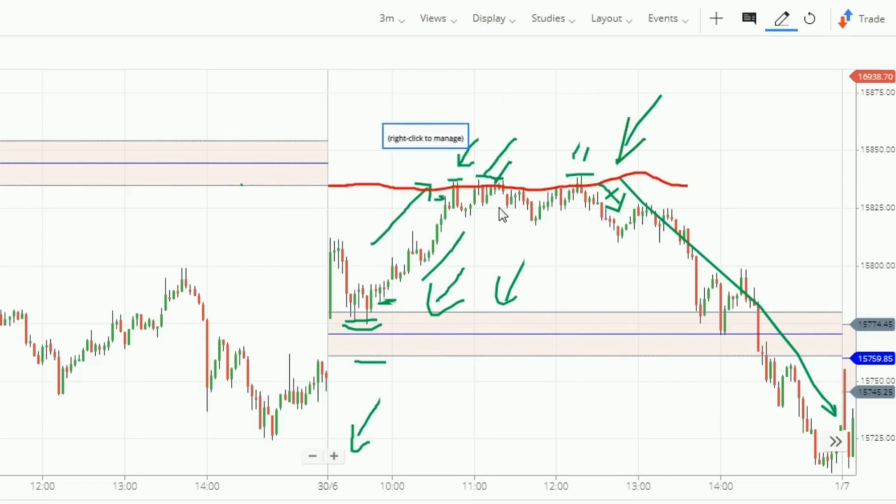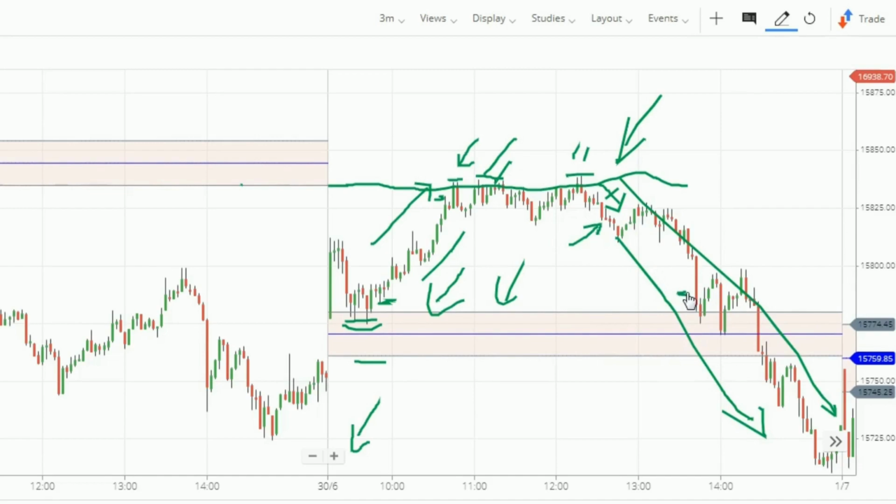I would have waited for this reversal to happen, and somewhere here I would have taken a short position and look at the fall here and booked somewhere here.